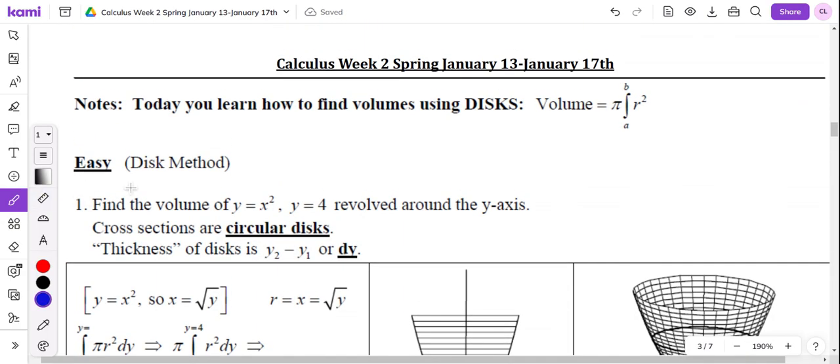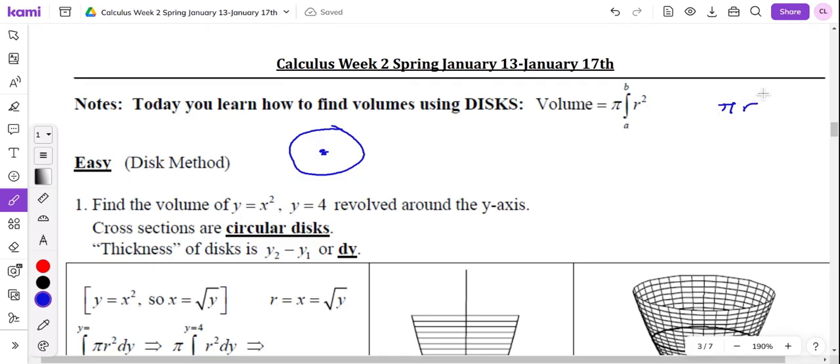We call this the disk method because when we do a cross-section like this, we actually create a disk with a center to it. So basically we're creating a circle. We know that area is pi r squared.